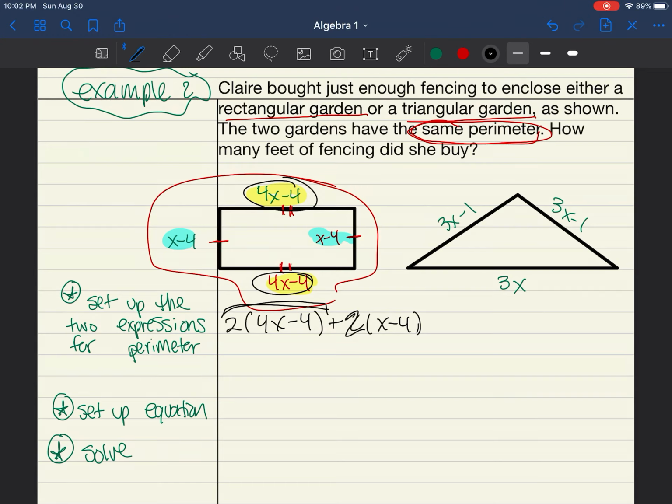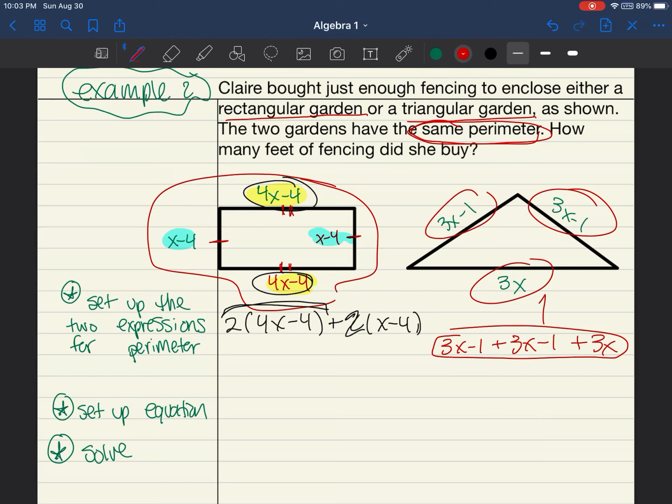All right, so the perimeter for the triangle then will be these three sides added. For triangles, you can have a lot of different scenarios. They did provide us with all three side lengths in their expressions. So 3x minus 1 plus 3x minus 1 plus 3x. And so this is the expression for the triangle's perimeter.